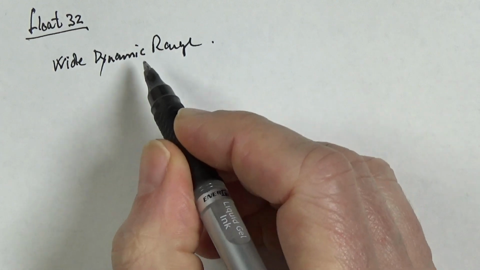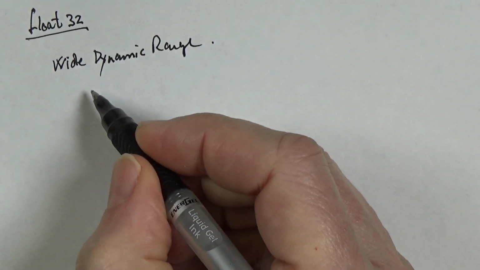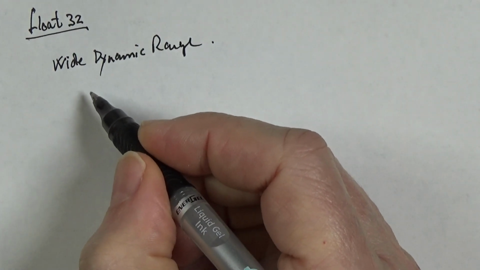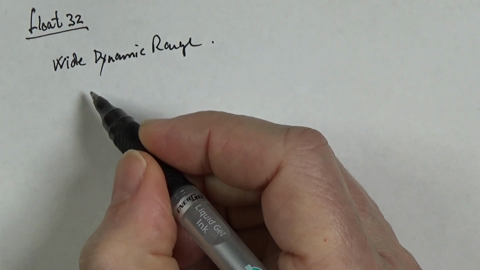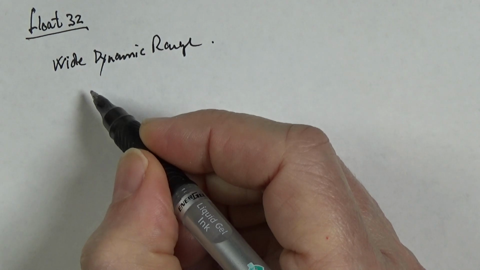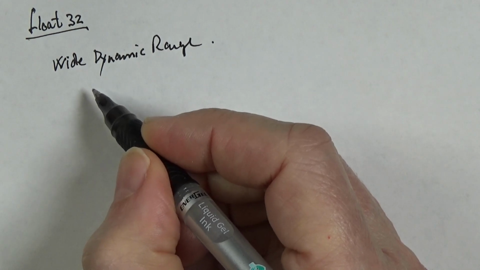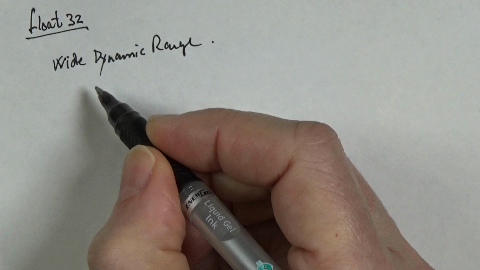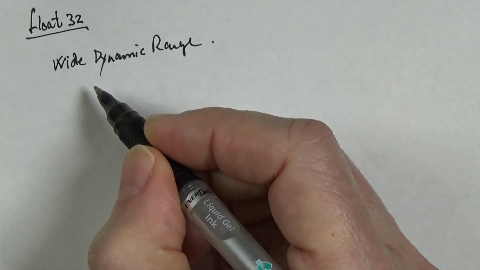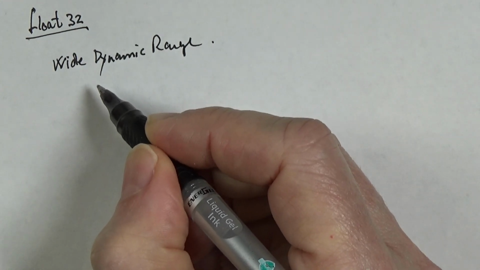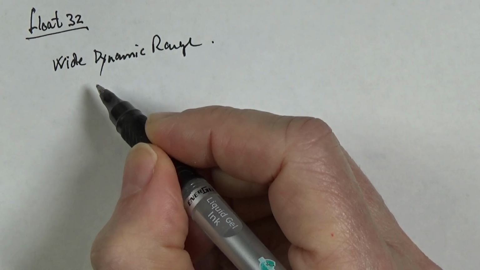Wide dynamic range means that we can whisper something or we can be extremely loud, and the microphone will capture all of those things. In other words, it won't clip anything. Essentially all the audio is captured because it's got extremely wide dynamic range.